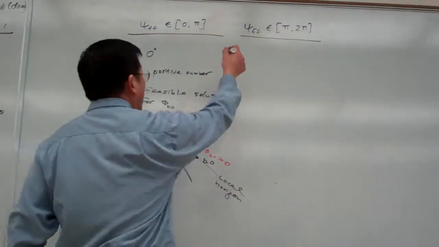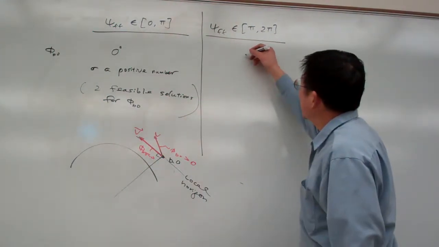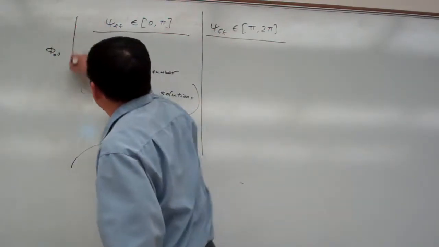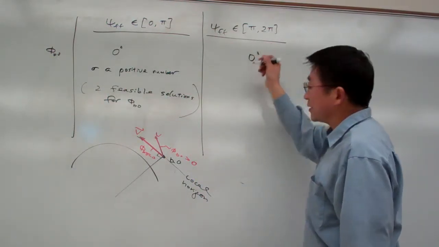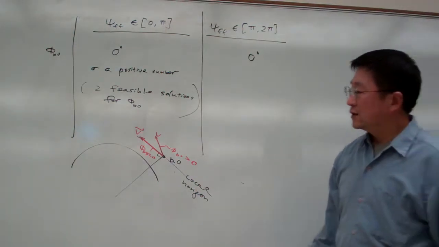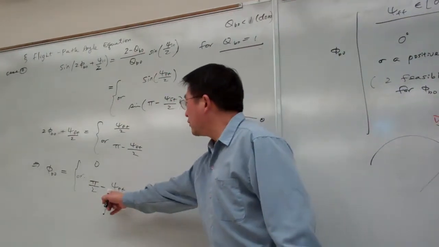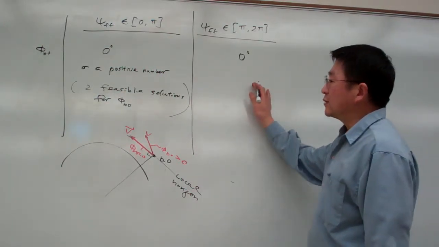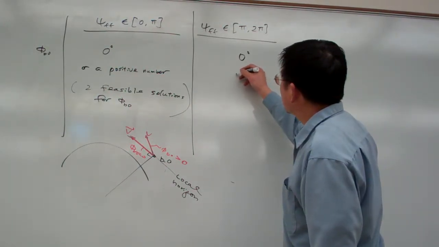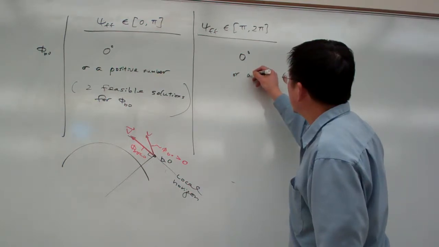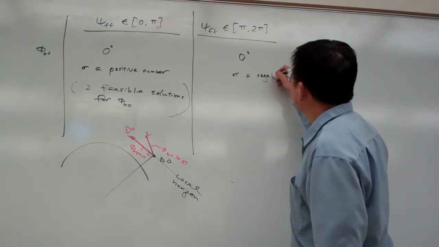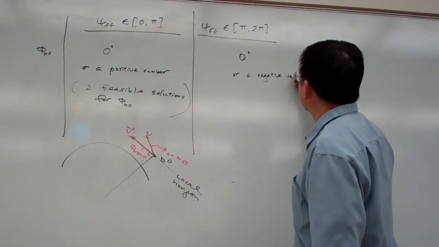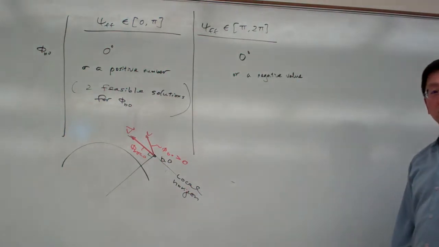Then we see the other case. Again for VBO we have 0 degrees, and that is from the first equation here. The second one, you can see when VFF is greater than 180 degrees, then this one is a negative value. Let's see what happens.